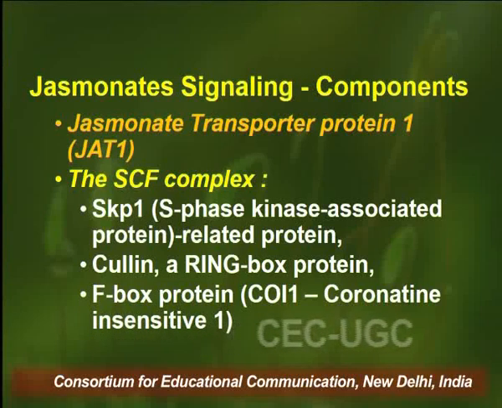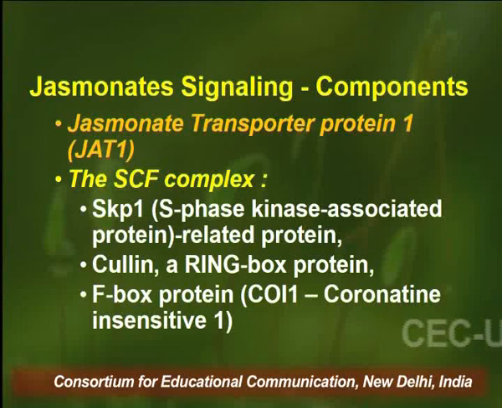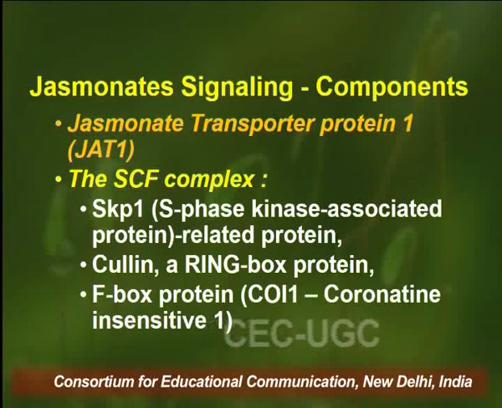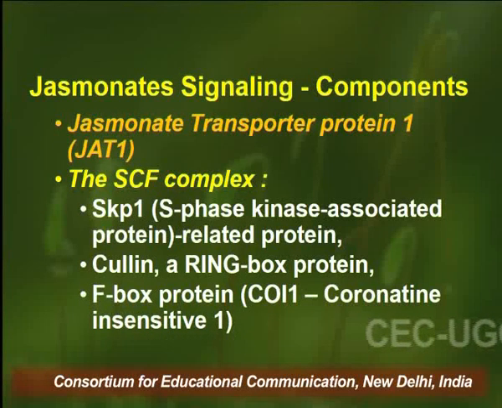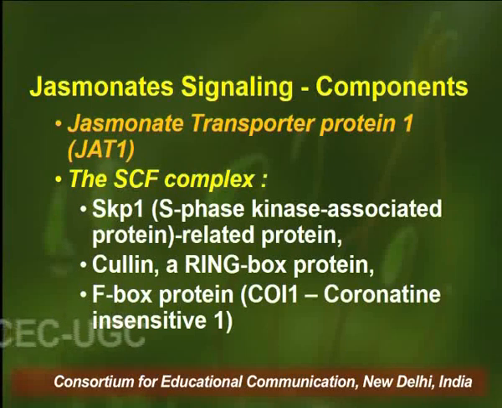As the name indicates, complex, it is a mixture of three different proteins. First is SKP1, that is S-phase kinase associated protein. Then the Cullin protein, a ring box protein. Ring box proteins are important proteins which act as a substrate for the ligation or ubiquitination by the 26S proteasome enzymes, which causes degradation.